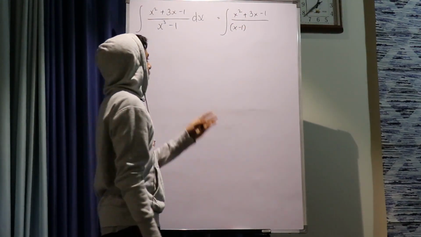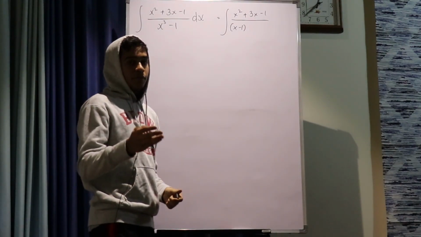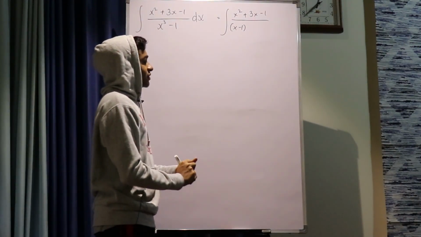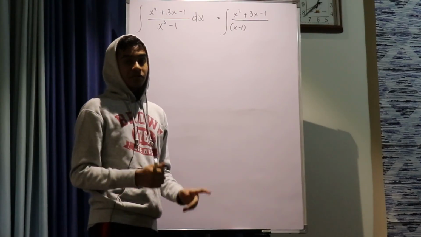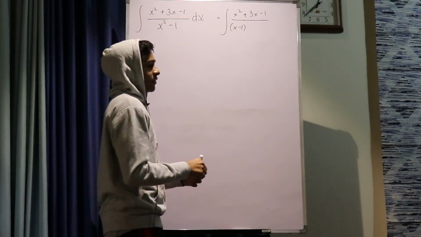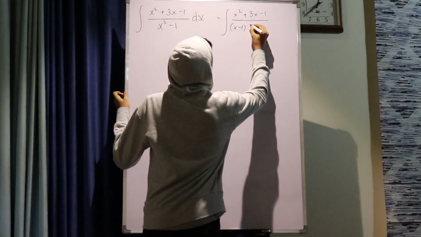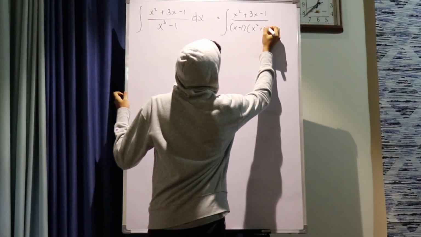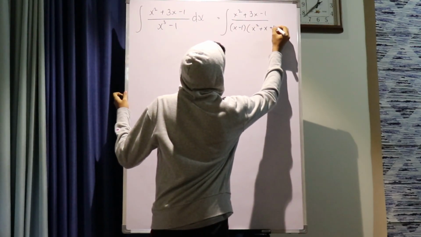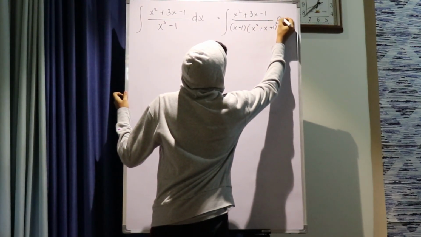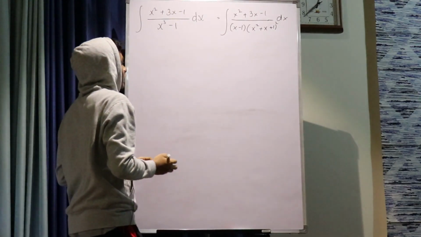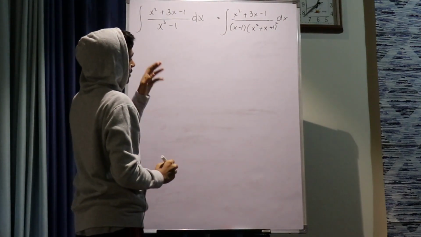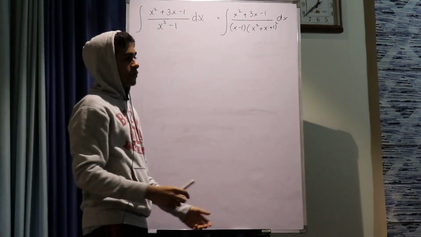If you guys don't know, you can write a cubed minus b cubed as a minus b into a squared plus ab plus b squared. So that's a good thing to keep in mind for a long time. So it's a minus b into a squared plus ab plus b squared, so it's x minus 1 into x squared plus x plus 1.